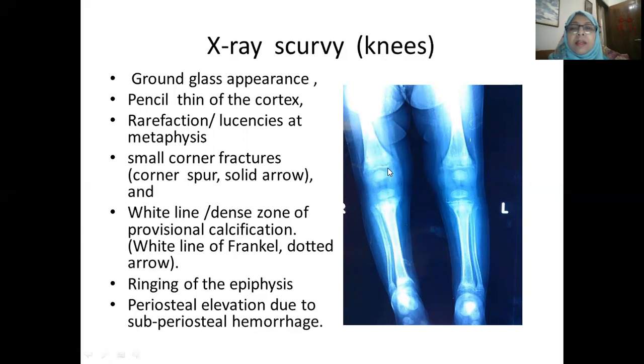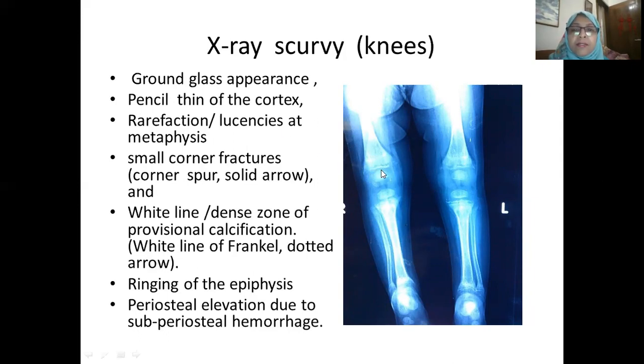Here the Frankel's white line. It is not visualized here. So the dense line you can see here is called Frankel's white line, or dense zone of provisional calcification. You can say just Frankel's white line.